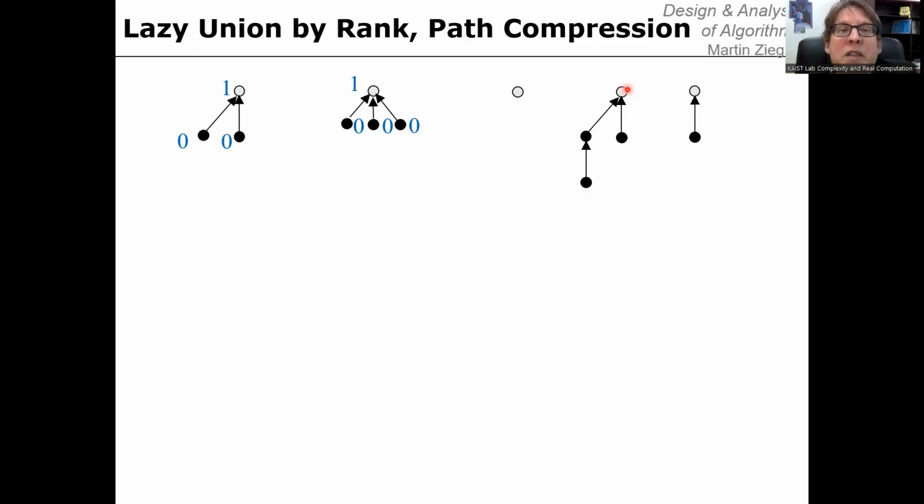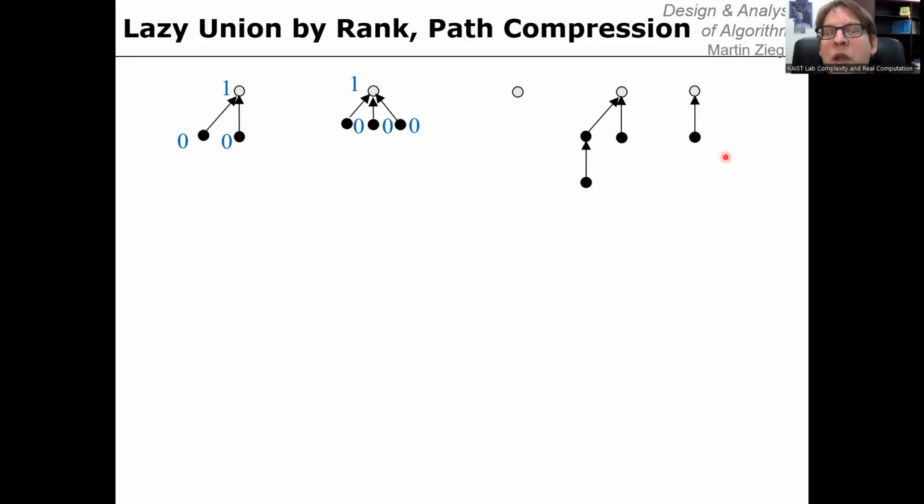This is what the lazy union by rank with path compression data structure achieves. It makes the find set operation a little bit more expensive, but makes the union operation less expensive. How expensive in the amortized setting? This is exactly what we want to analyze. But first, let me explain the lazy union by rank heuristic with path compression. Lazy union by rank is a kind of generalization of the previous union by weight heuristic.